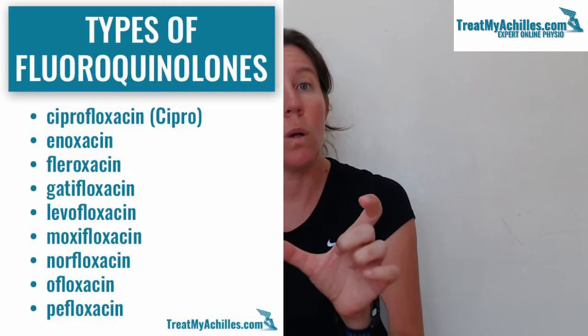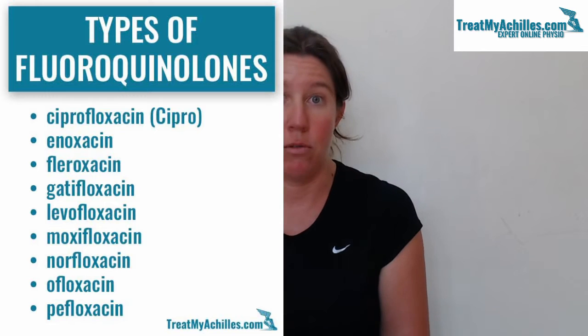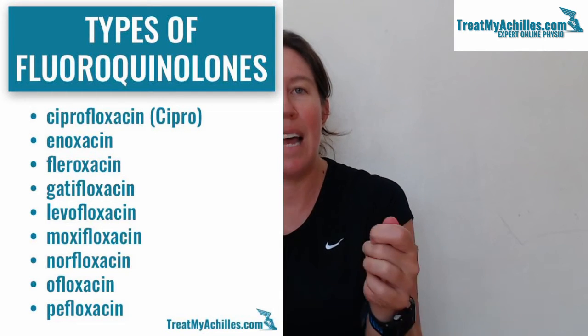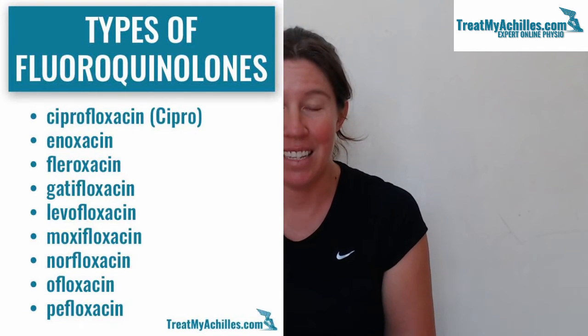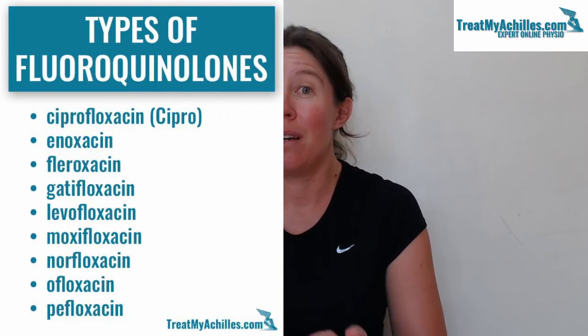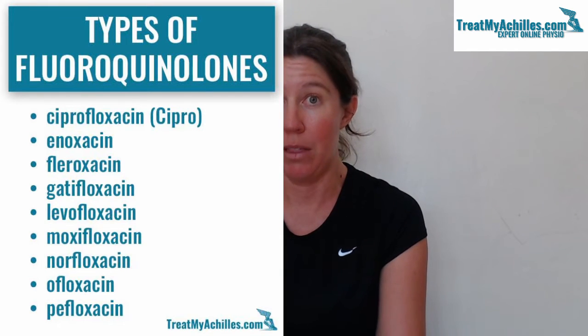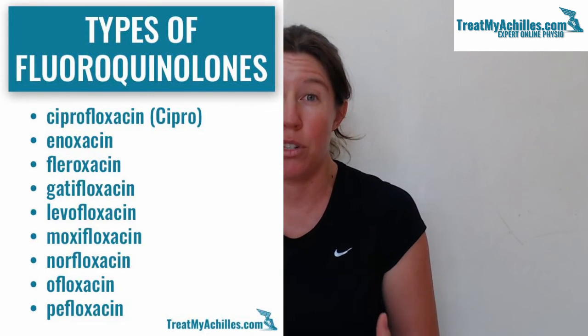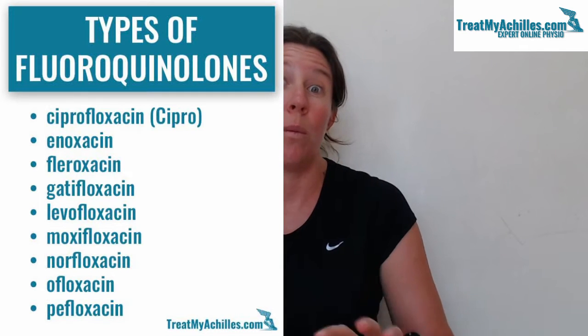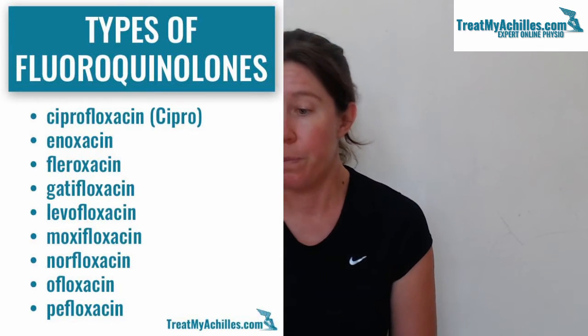They will be sold under different brand names, like Cipro, etc. So do read the label of the antibiotics that you get. Luckily in the UK, these are not prescribed as a first line of defence in the NHS. They're quite vigilant about this, but it seems from the comments on social media that it is quite commonly prescribed in the USA. So watch out for these.